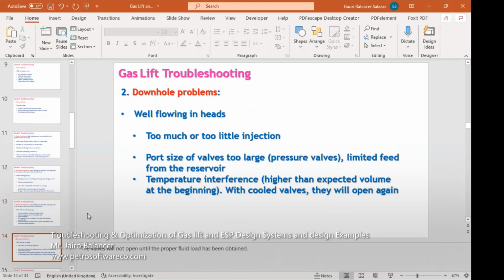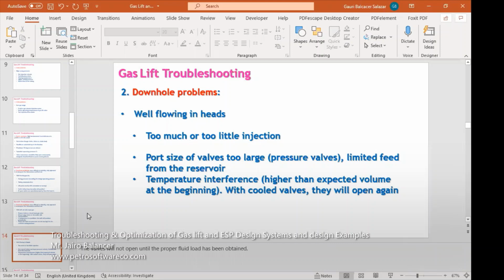Another problem, well flowing in heads. It means too much or too little gas injection. The port size of the valves is not properly designed. The temperature: especially when we don't have proper data to design, then maybe the flow rate we are expecting is lower than the actual flow rate.